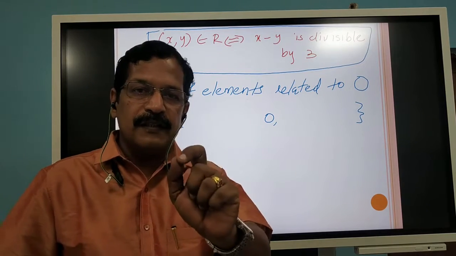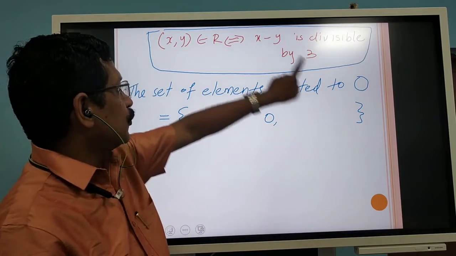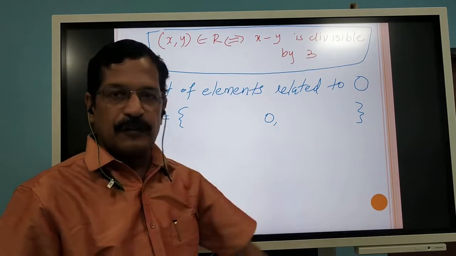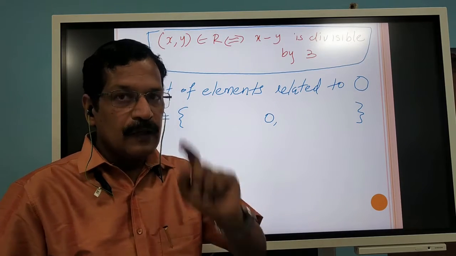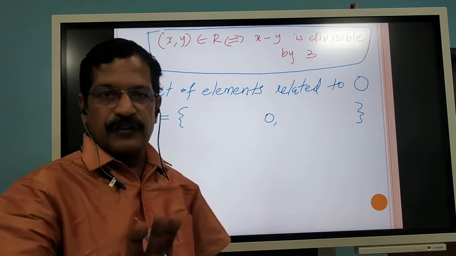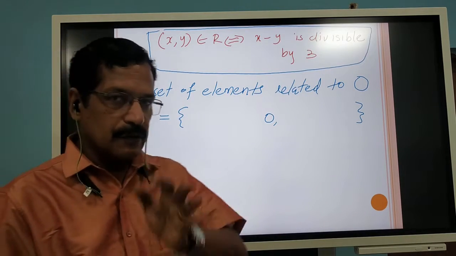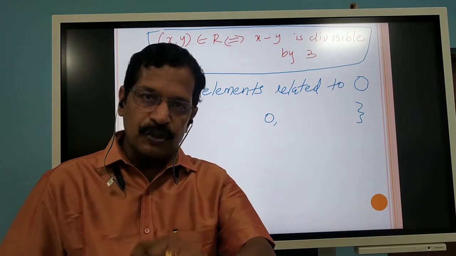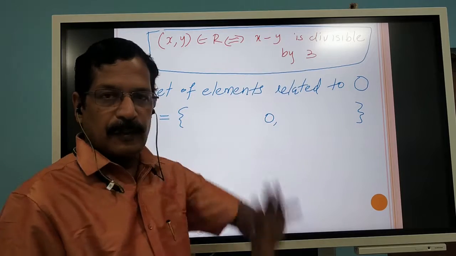Now, whether 1 is related to 0: if 1 is related to 0, 1 minus 0 should be divisible by 3, so it is not possible. So 1 is not related to 0. Whether 2 is related to 0: 2 minus 0 is not divisible by 3, so it is not related. Now, what about 3? 3 minus 0 is 3, divisible by 3.